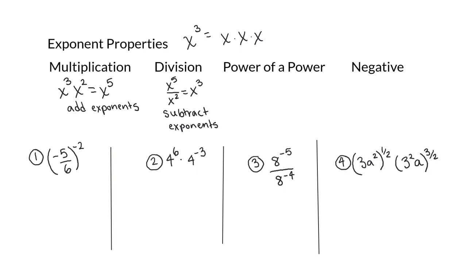Power of a power would look like x squared raised to the third power. X squared to the third would actually give us x to the sixth. So when we take a power of another power, we multiply the exponents.